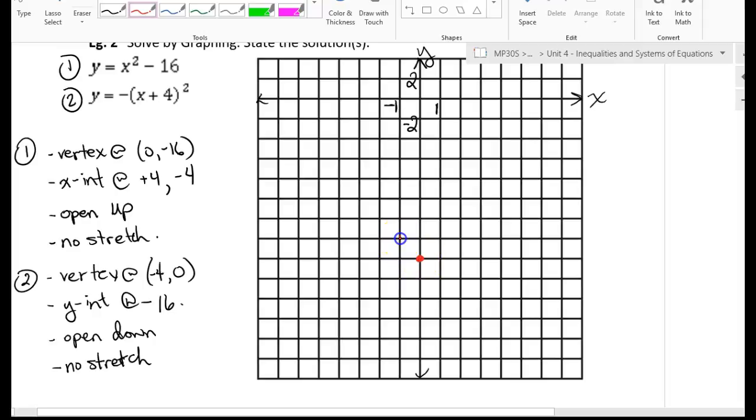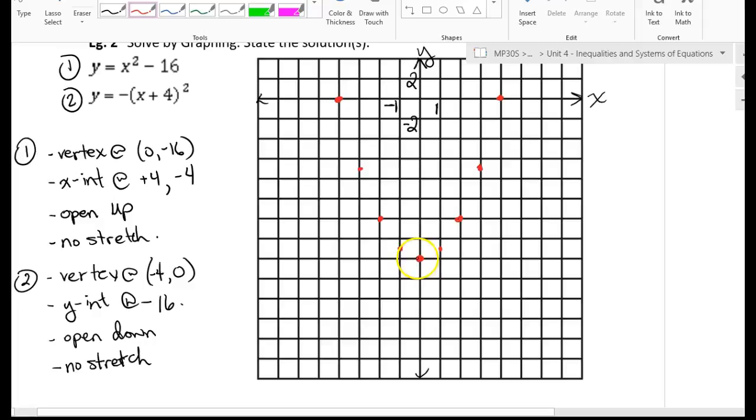It's not stretched or compressed, so I'm going to go over 1, up 1, over 2, up 4, over 3, up 9, and then over 4, and 4 is where I have my intercept, so that's going to be there.